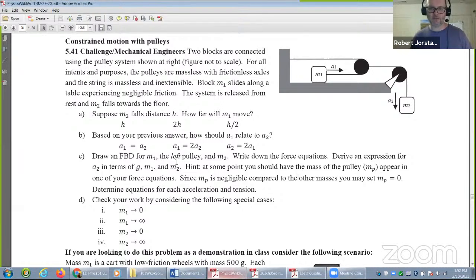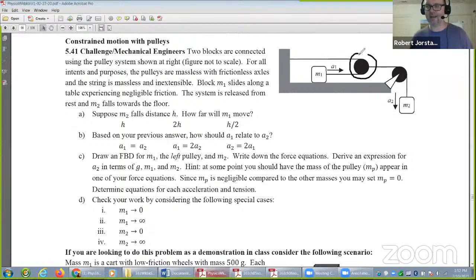Now, another thing that's kind of interesting here, you could do an FBD for the left pulley. So for this pulley right here, we could actually do an FBD on that pulley. I know there's a string pulling this way, and there's a string pulling this way. Here's the pulley, right?